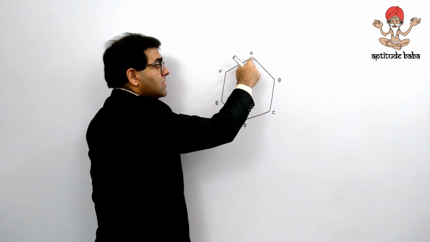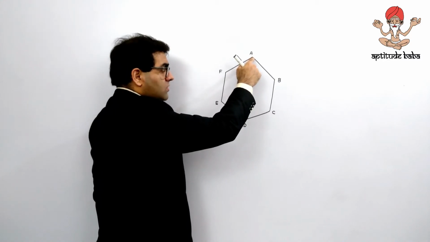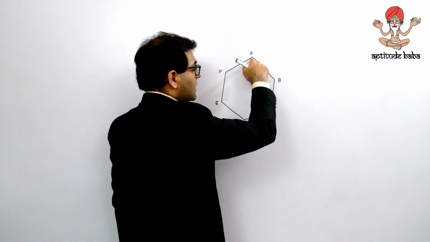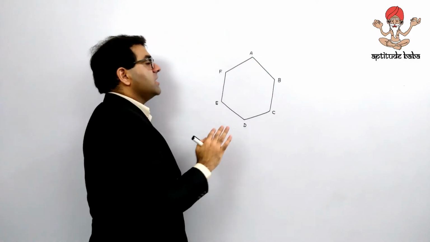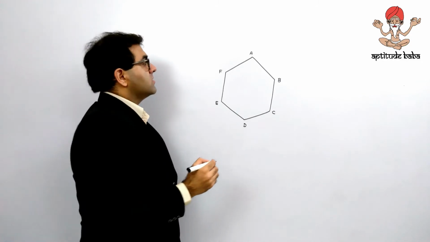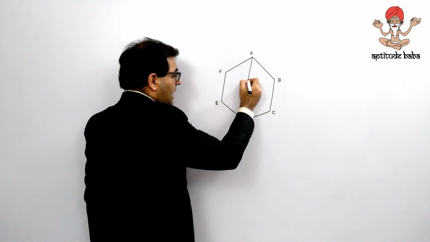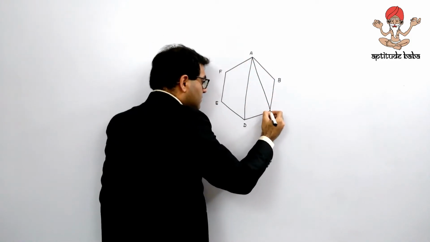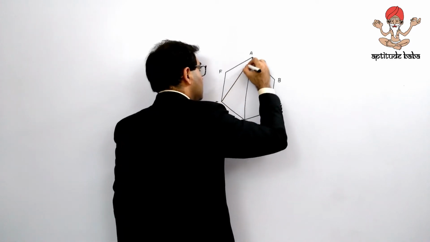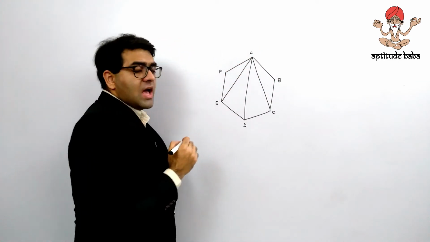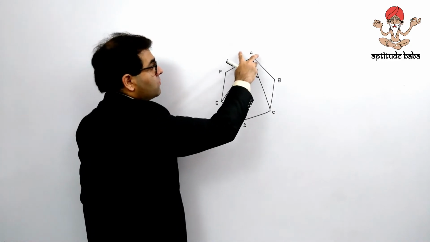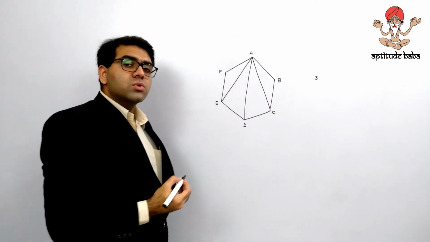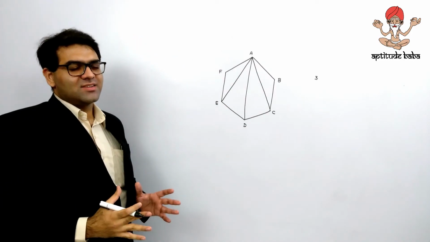So if I want to draw a diagonal from A, the line segment joining A to D is for sure a diagonal, but besides that, AC and AE are also diagonals. So what I am saying here is that diagonal AD is for sure a diagonal, but diagonal AC is also a diagonal and diagonal AE is also a diagonal. So from vertex A we have got 3 diagonals. Now calculate the total number of diagonals for this hexagon.